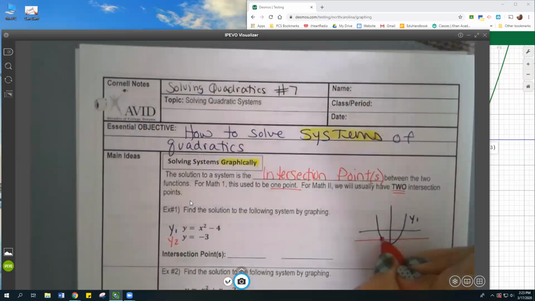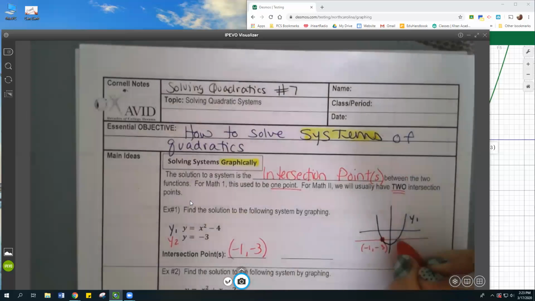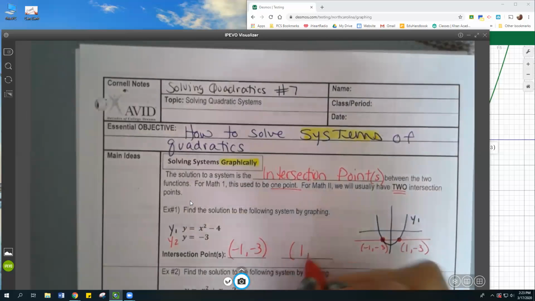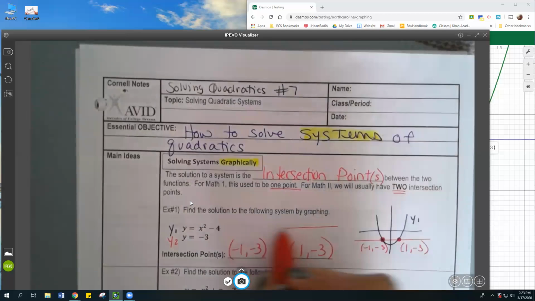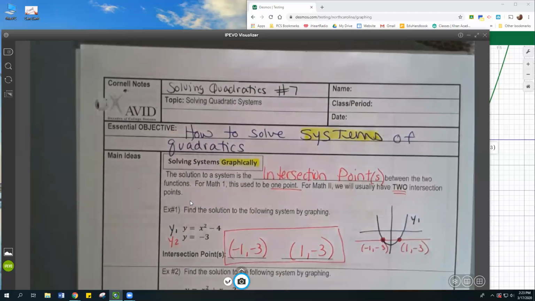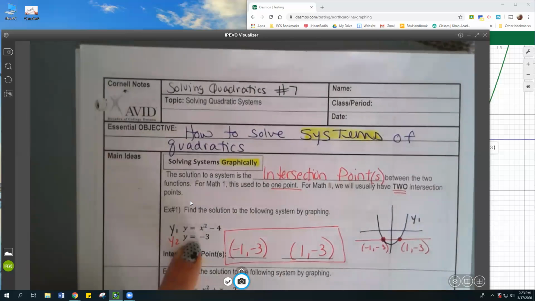And then my intersection was right there at -1, -3. So that's one solution. And then the other point was right there at +1, -3. So two solutions, two intersection points for this quadratic and this linear guy.